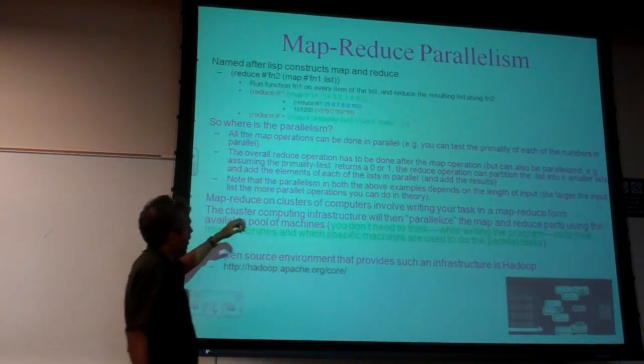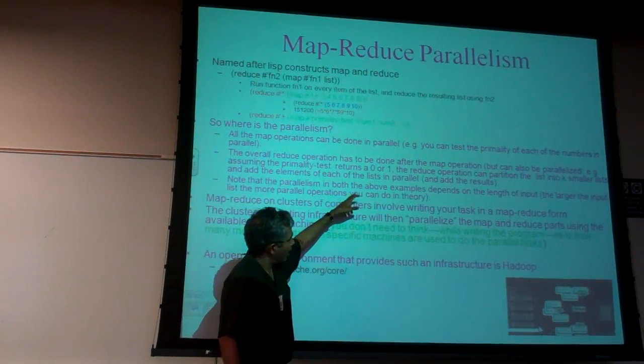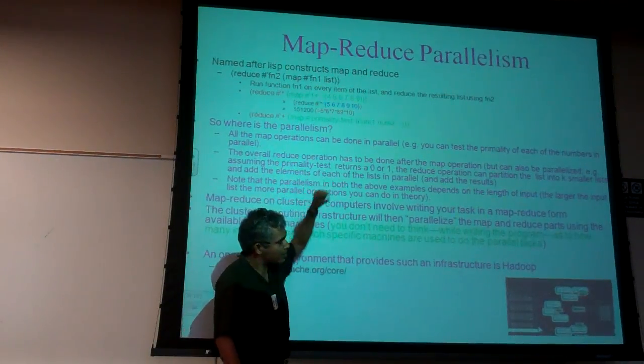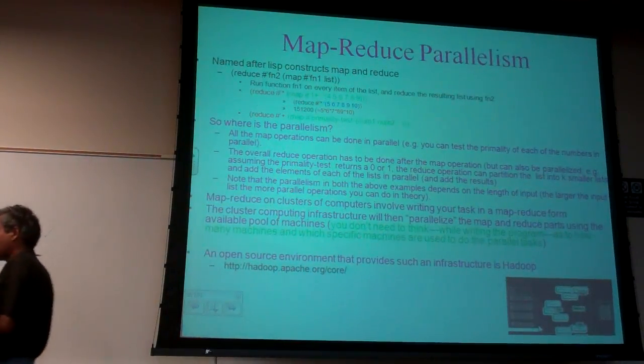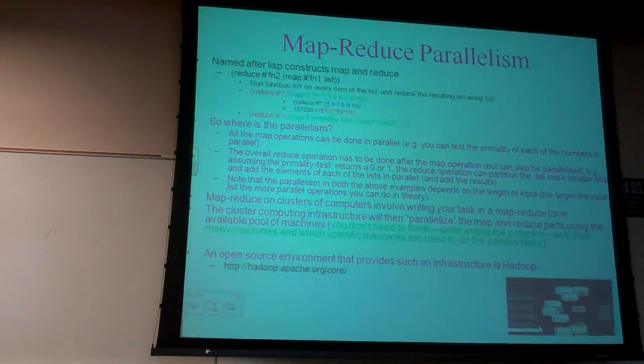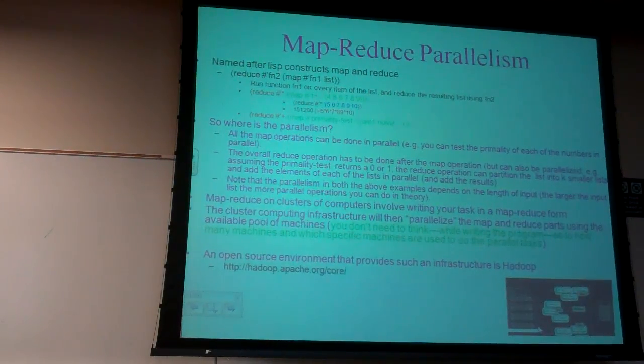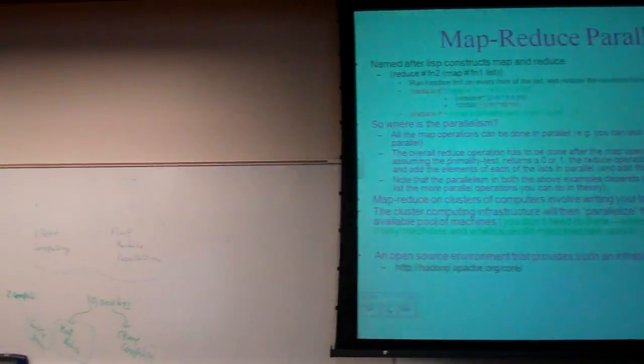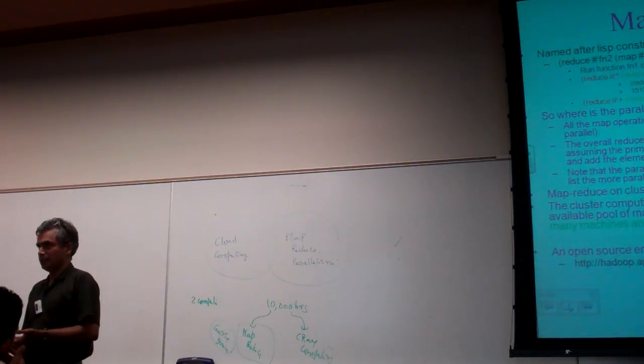Both these cases have this very interesting property that the parallelism depends on the length of the input. The longer the input, the more parallelism you can exploit. Do you see what I'm saying?